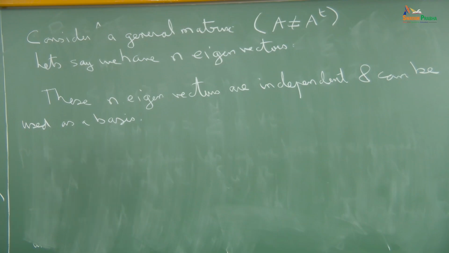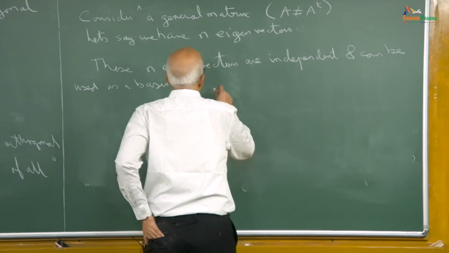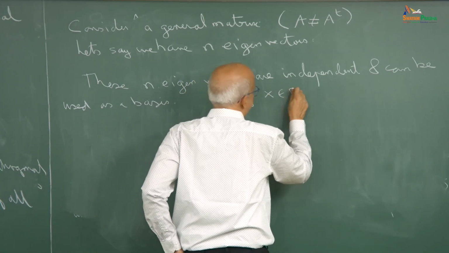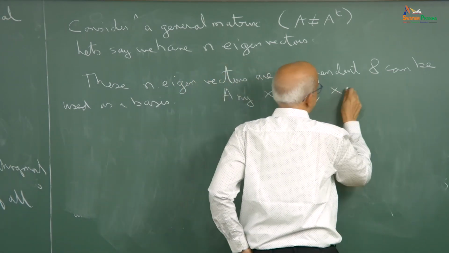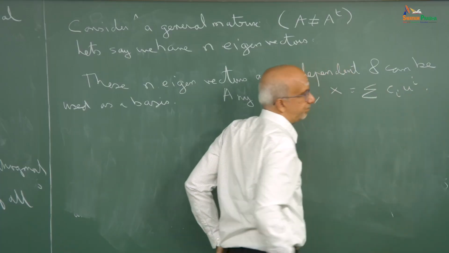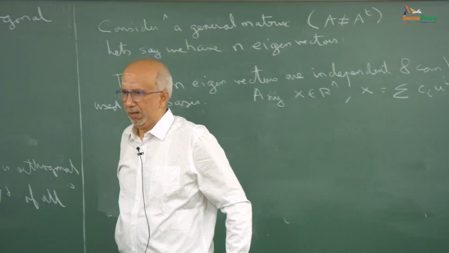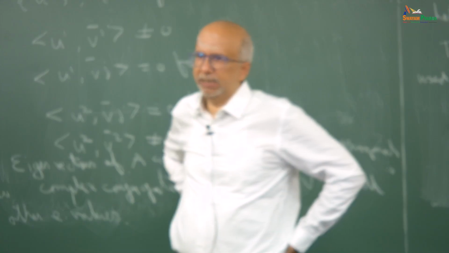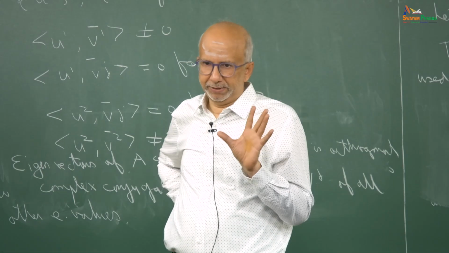Okay. What is the meaning of this? This means any x belonging to Rn can be written as sigma Ci ui. That is what it means. When I say ui is a basis, I mean I can take any vector and write it as a linear combination. Only point is, now this is not orthogonal, because I am talking about the general case, this is independent.